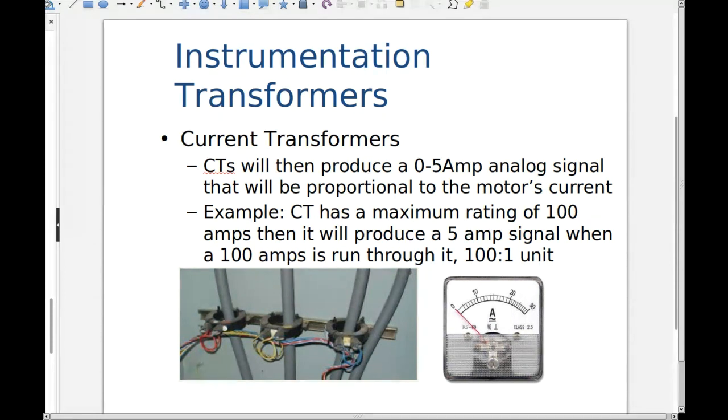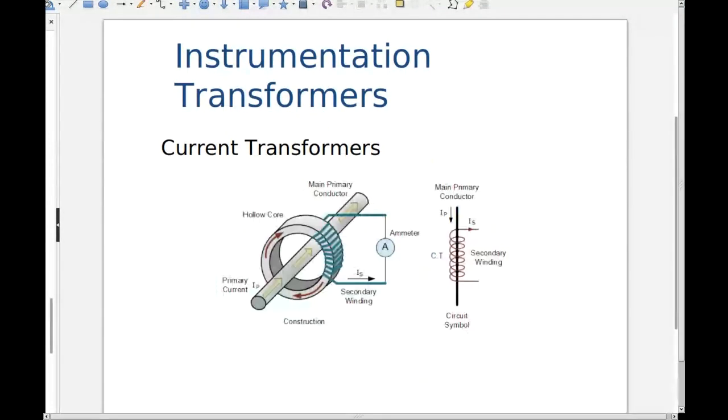So these things are beautiful because you just clamp them around the outside, and they pick up the magnetic flux from the current flowing through them, and then you induce that, and you can measure the current without ever breaking the circuit and throwing an extra resistance in there. So it's just very convenient.